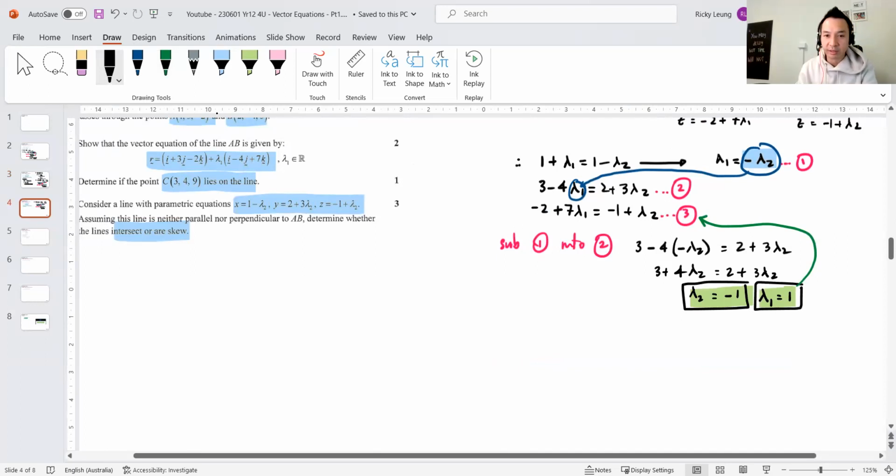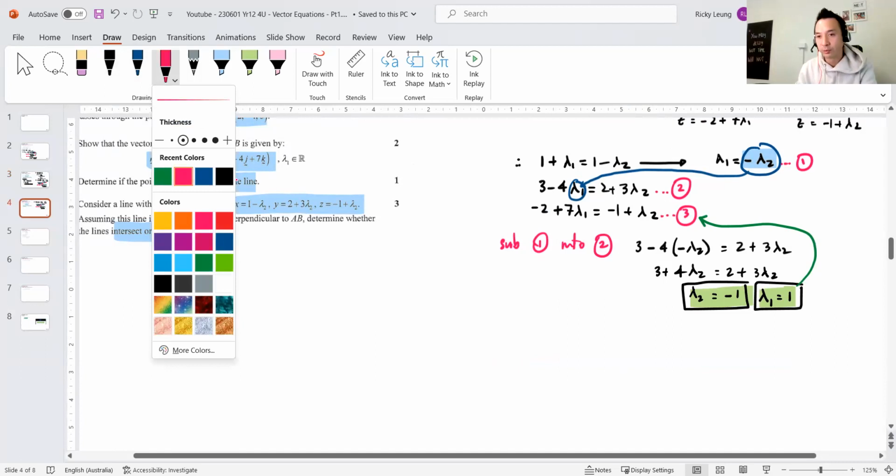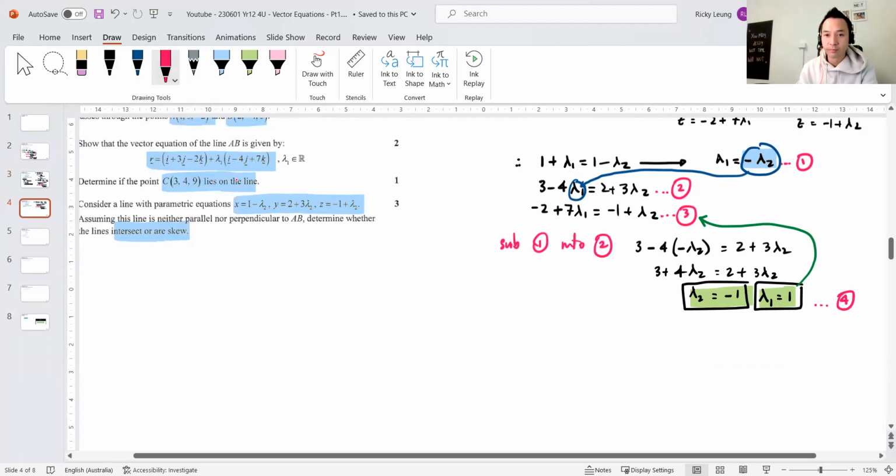So when I sub it in, if I was to show amazing working out, call this number 4, sub 4 into 3. And I got left-hand side equals negative 2 plus 7 times, now be careful, lambda 1, so 1, equals 5.